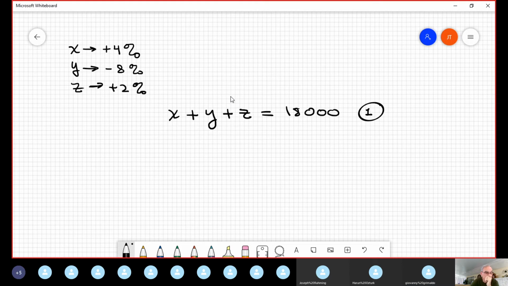Okay. My second equation is the return. Look at that. Expressed in decimal, this is 0.04, this is 0.08, and this is 0.02. But this is negative, and this is positive, and this is positive.